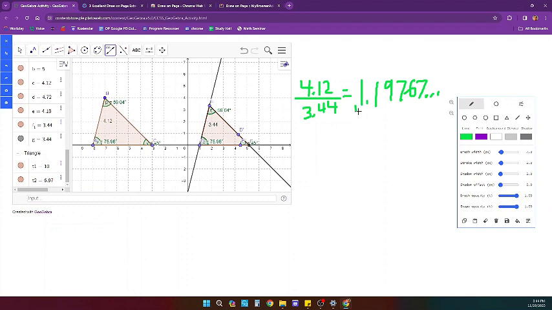So this is our ratio, this is our comparison between the two. So you would record that for part D. You really only need to put the first couple of numbers. You could round to 1.2, but for our next part, you want to keep as many of these numbers as possible, and you're going to see why in a moment.